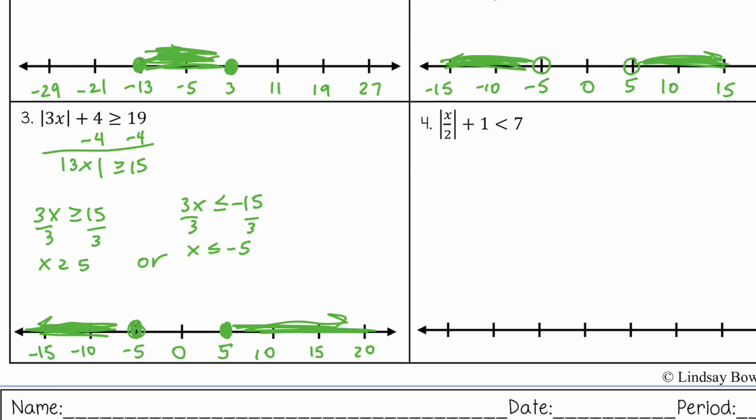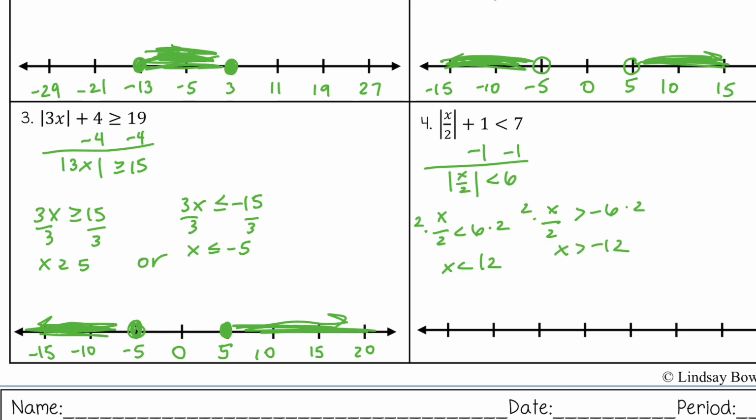All right, and the last one. Isolate the absolute value expression. Write it twice. Multiply by 2 on both sides. So x is less than 12. And x is greater than negative 12. So you can count by 6s, you can count by 12s.